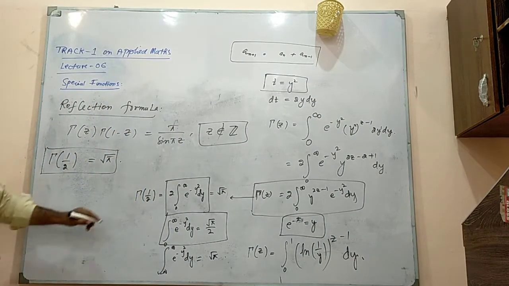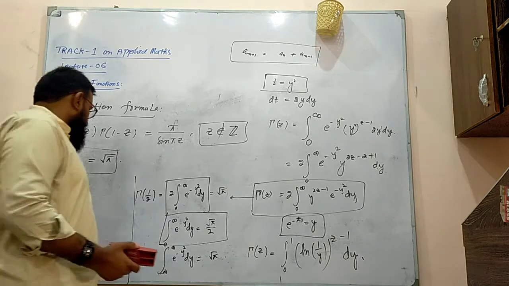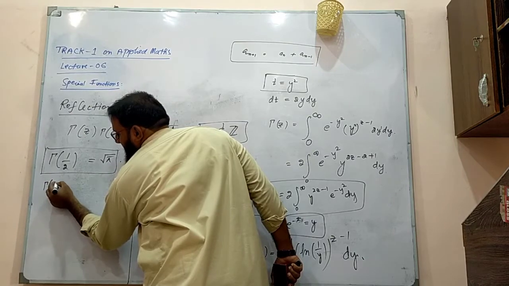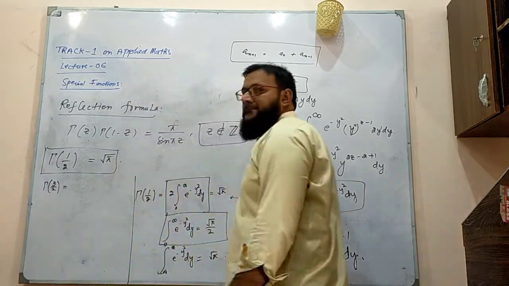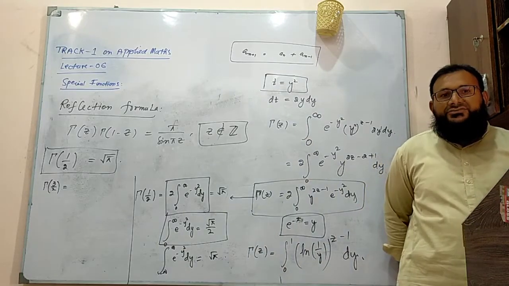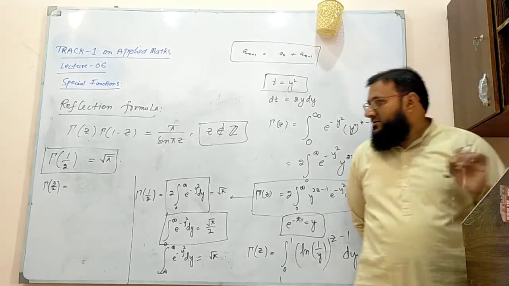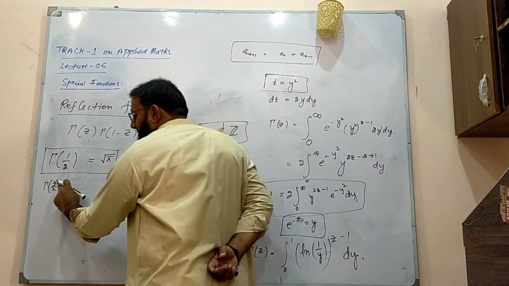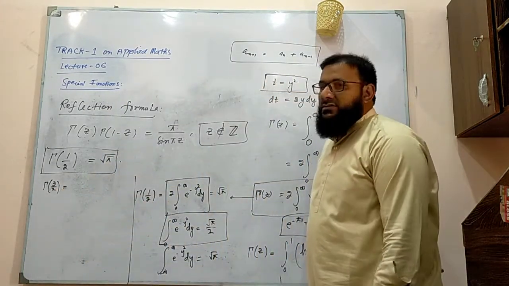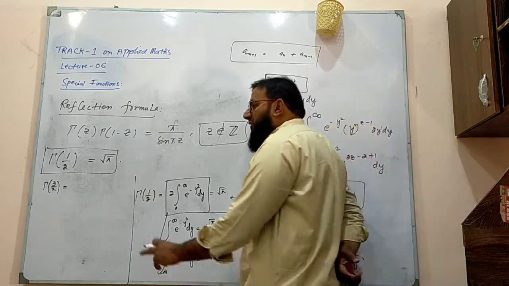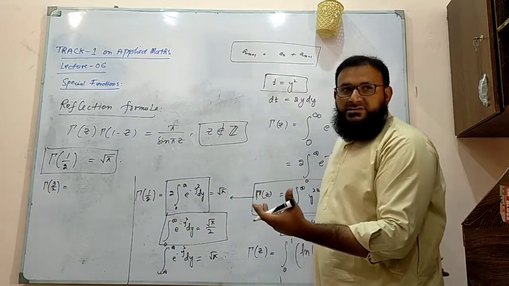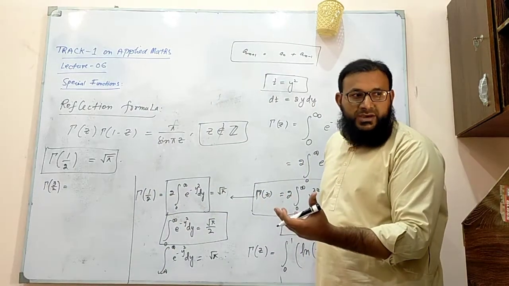Okay, how about evaluating gamma of 3/2? How to evaluate this? You can apply the recurrence relation, and you just subtract 1. 3 by 2 minus 1 becomes 1 by 2.